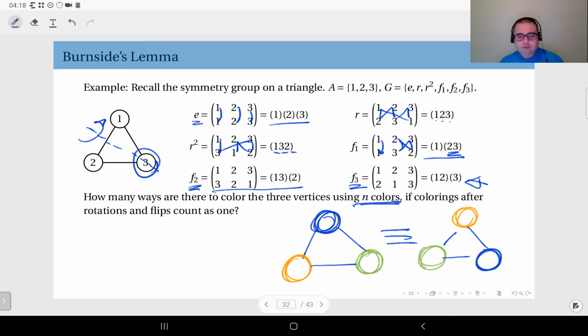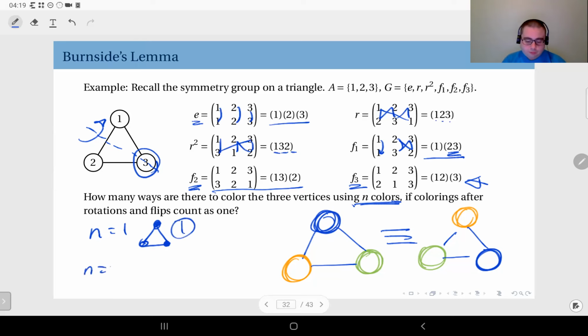Okay, so for instance, if n equals 1, maybe you would like to actually enumerate the small cases to see a pattern, then of course they are the same color for each vertex, so the answer is just 1.